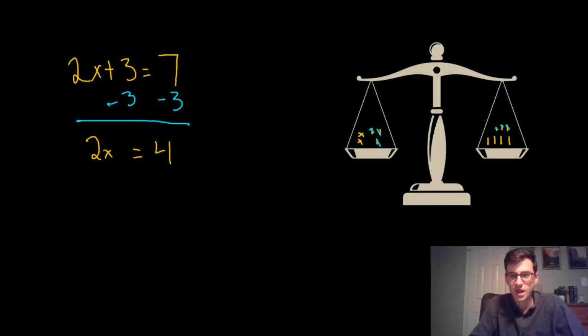It's kind of like cutting it in half. Okay, well, what would happen if I cut this side in half? Well, there's 4, so if I section it off into 2 parts, then I would have 2 in each part.